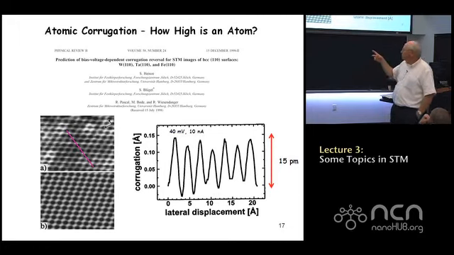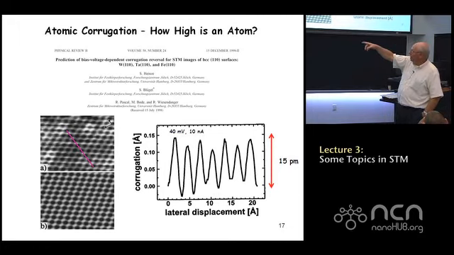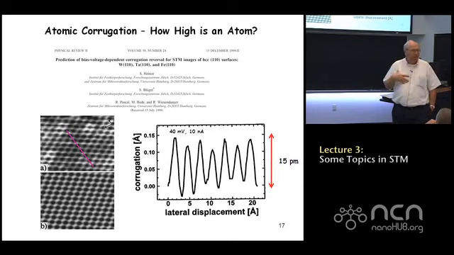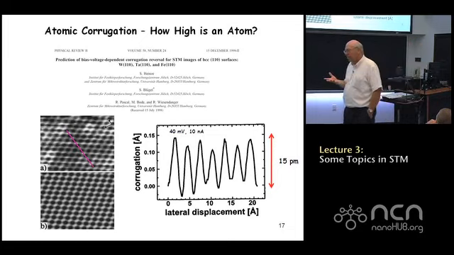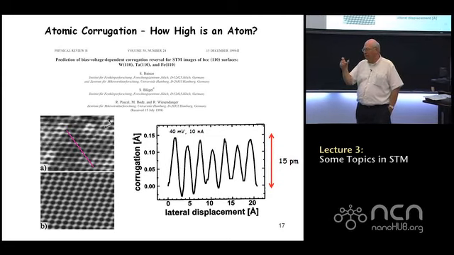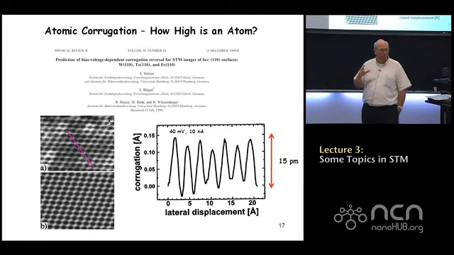You define a line in the image, and then you can plot the height profile along that line. And what you find is that the distance between the peaks and the valleys is on the order of 15 picometers, implying that the height of an atom in an STM image is on the order of 15 picometers or so.